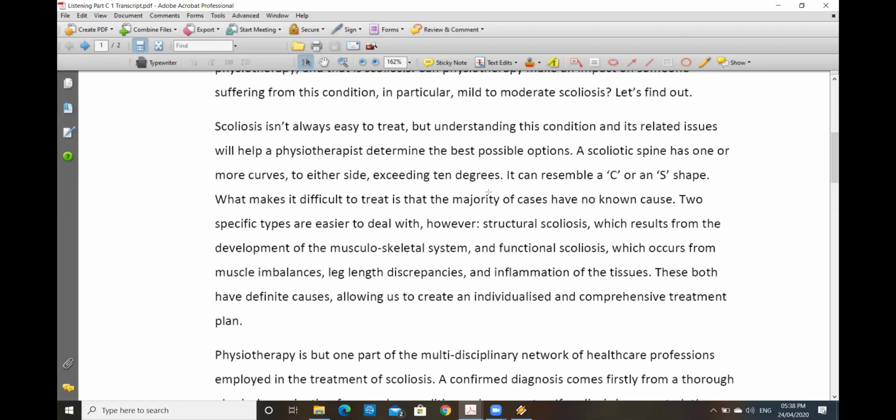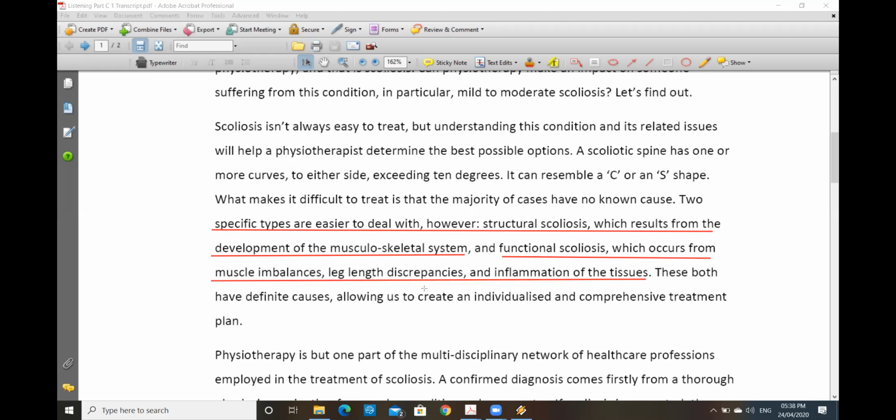He was trying to explain that specific types can be easier to deal with, that are structural scoliosis, caused by developmental problems, and functional scoliosis, caused by muscle imbalances. And these both have definite causes, allowing us to create an individualized and comprehensive treatment plan. So because they have definite causes, we can develop a comprehensive treatment plan for it.